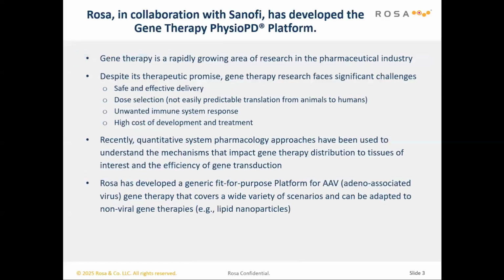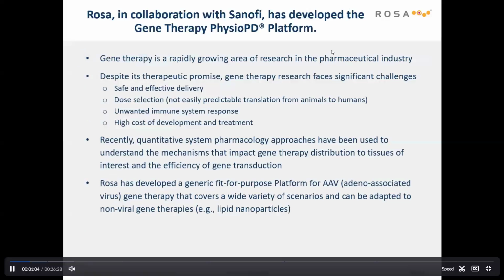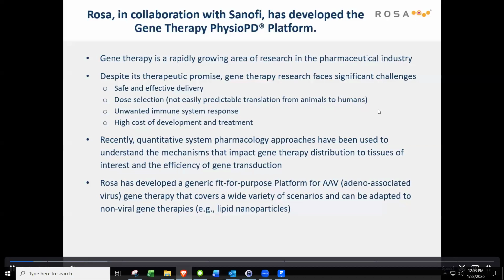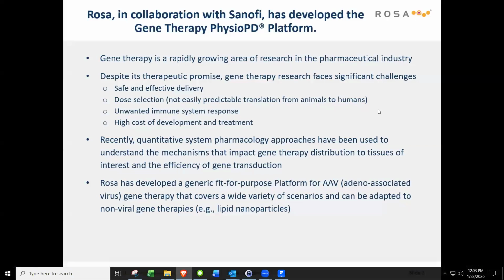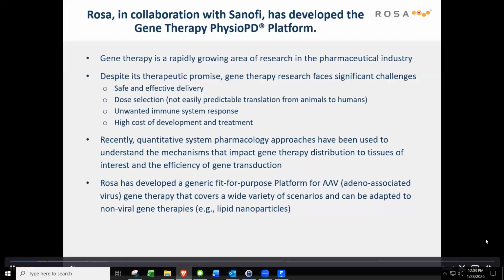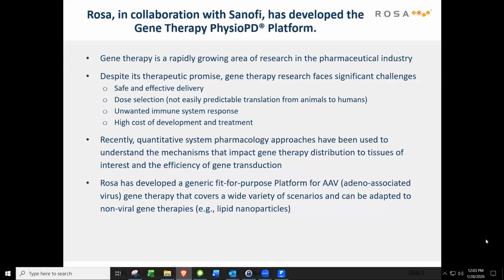So Rosa, in collaboration with Sanofi, has developed the gene therapy PhysioPD platform. Gene therapy is a rapidly growing area of research in the pharmaceutical industry. But despite its therapeutic promise, gene therapy research faces significant challenges, such as safe and effective delivery of the AAV payload, dose selections, because it's not easy to predict translation from animals to humans, and we normally have more animal data than human data.